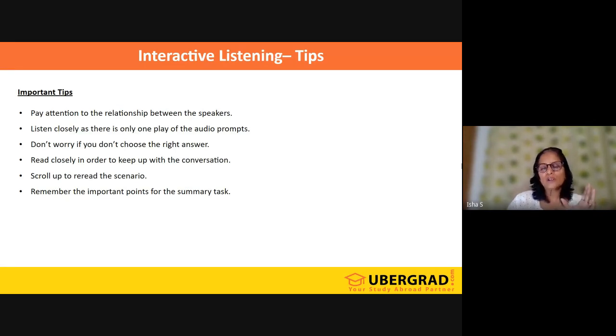These options are quite confusing also, so you may get confused about what to write. Listening carefully will definitely help you out. Remember the important points for the summary task, which we are going to do tomorrow. Next slide please.